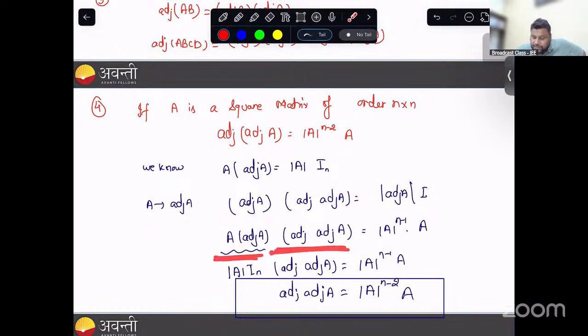Then determinant of adjoint A will be determinant A to the power n minus 1 into A, by which we have multiplied. So this value is determinant of A into In. Now divide by determinant of A, it will become determinant of A to the power n minus 2. Correct? Have a look. Write down. This is tough. I'm telling you.